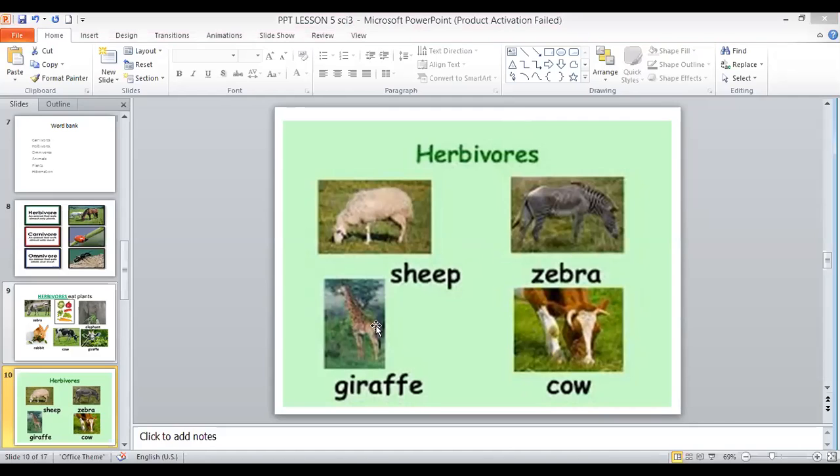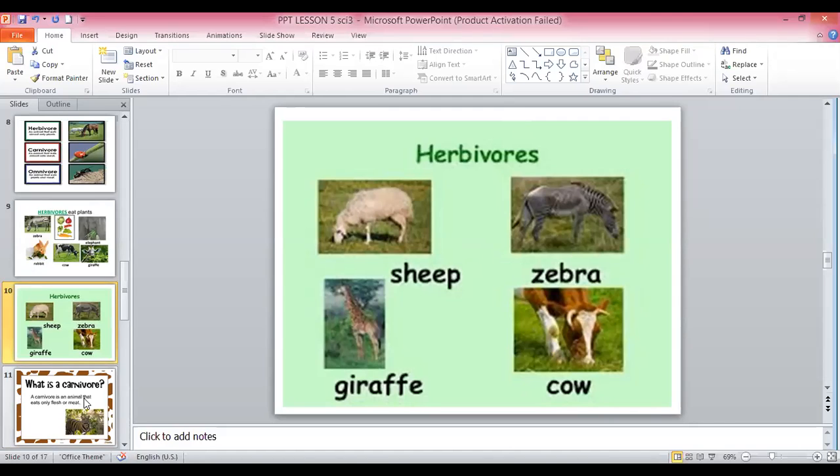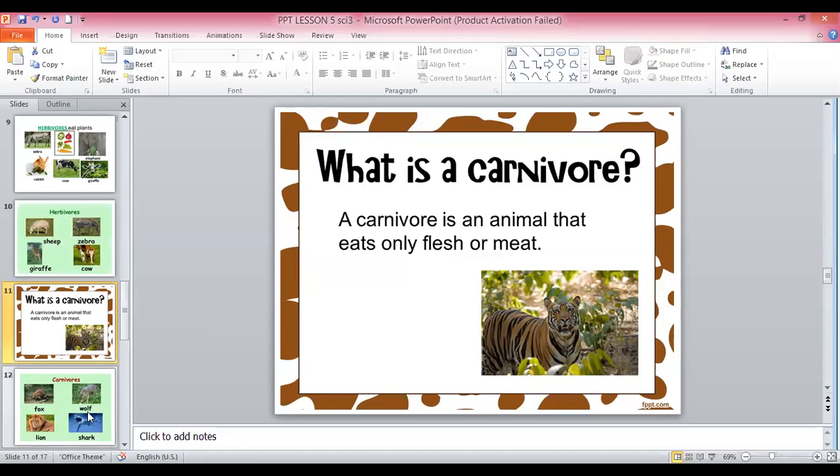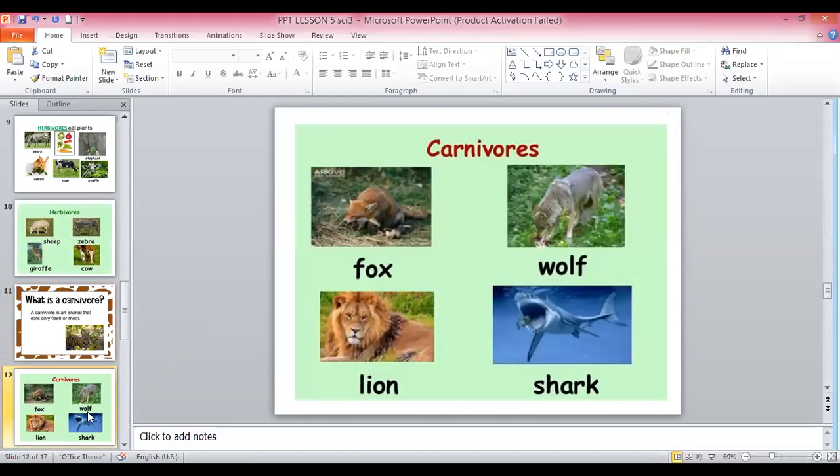Now, the next one is a carnivore. A carnivore is an animal that eats only flesh or meat, right? They are the animals that eat meat, so we call them carnivores. Now, what are the examples?